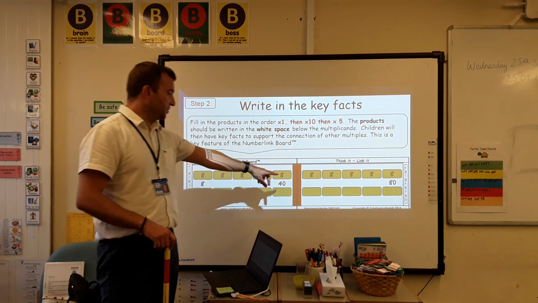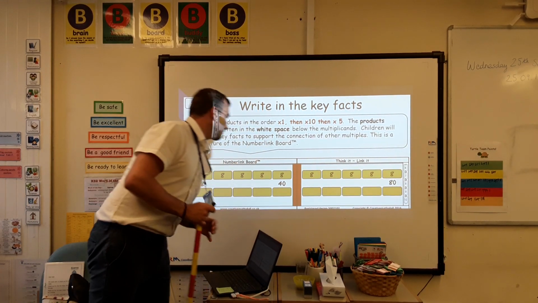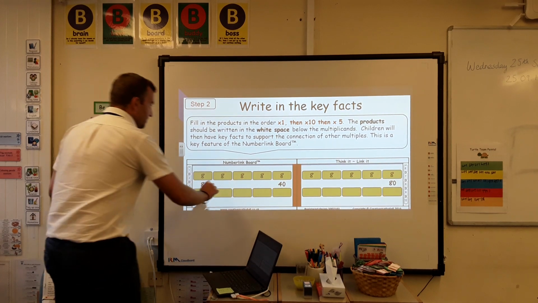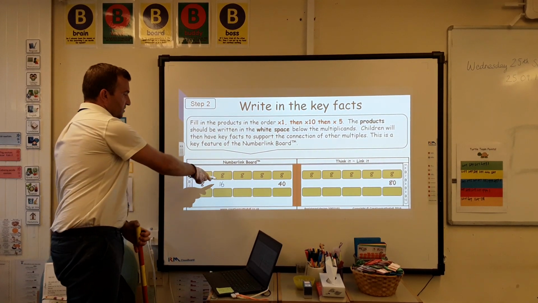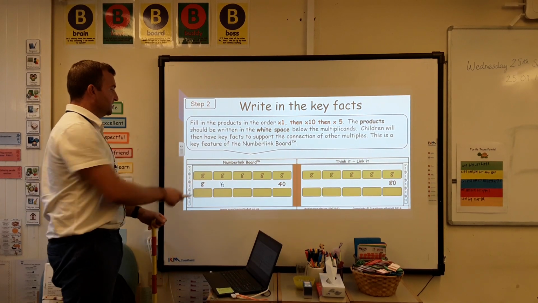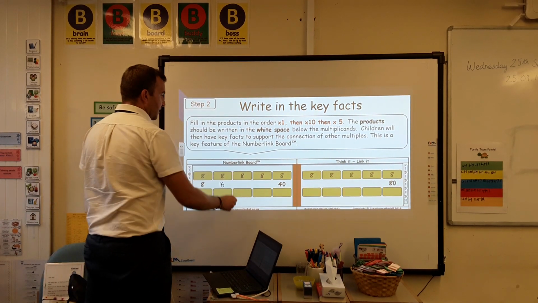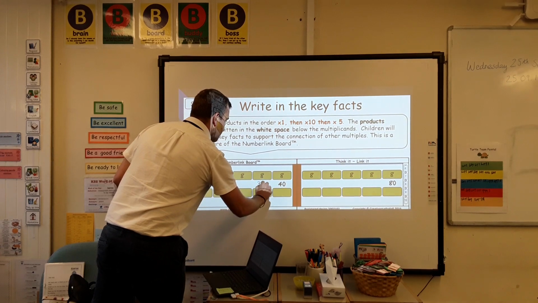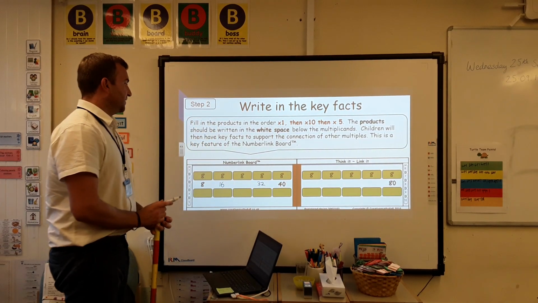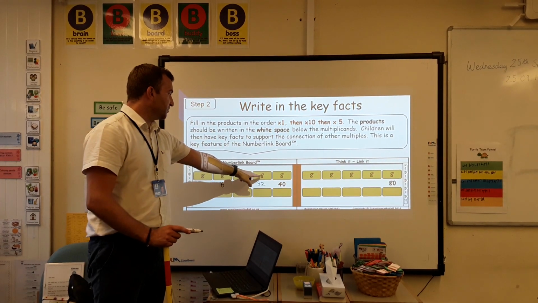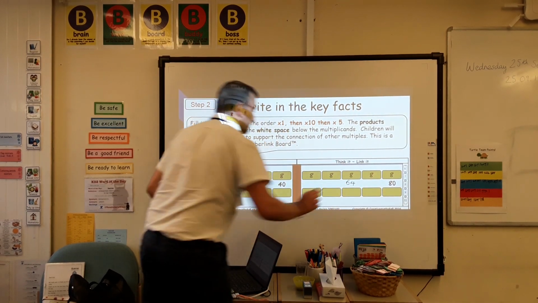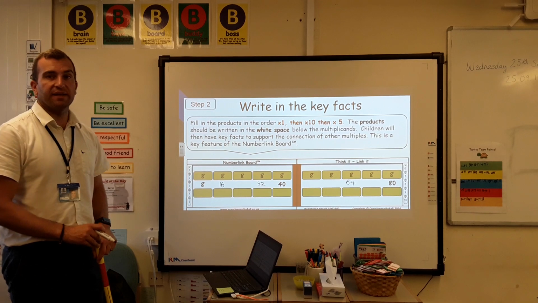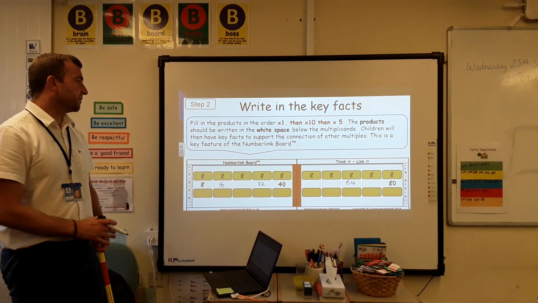So if I write that in now: double 8 being 16, so 2 lots of 8 is 16. If I doubled that, I'd get to 4 lots, which would be 32, and then double 4 lots would be 8 lots, which would be 64. So I can begin to fill in the different numbers from there.